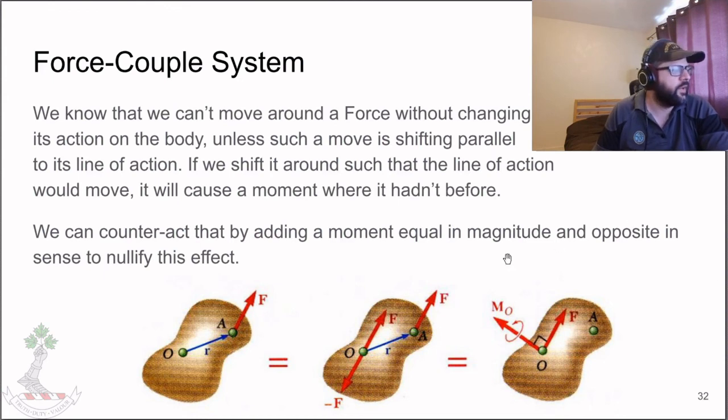In this little diagram down at the bottom, we've got a force that we're applying at point A. If we also apply an equal force at point O, and an equal and opposite force also at point O, well, if you're applying equal and opposite forces at a single point, the effect on equilibrium is zero.